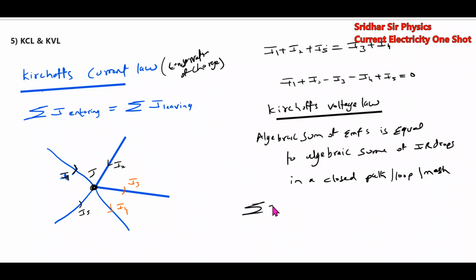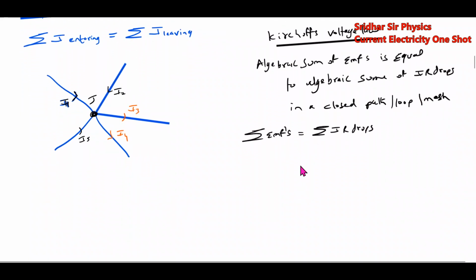EMFs should be equal to the algebraic sum of IR drops. We will explore this. Suppose I have a circuit like this.